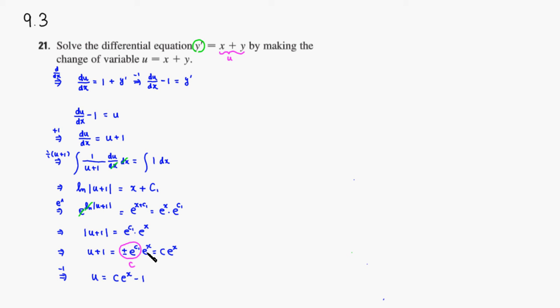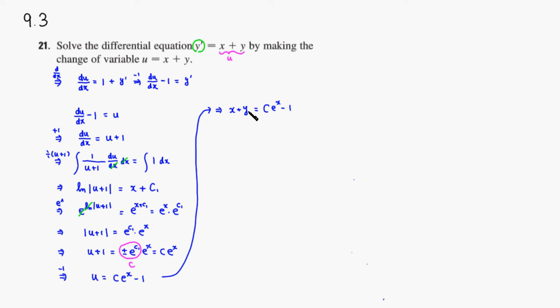But remember the substitution: u is x plus y. So from here we have x plus y, which is the same thing as u, is equal to c times e to the x minus 1.